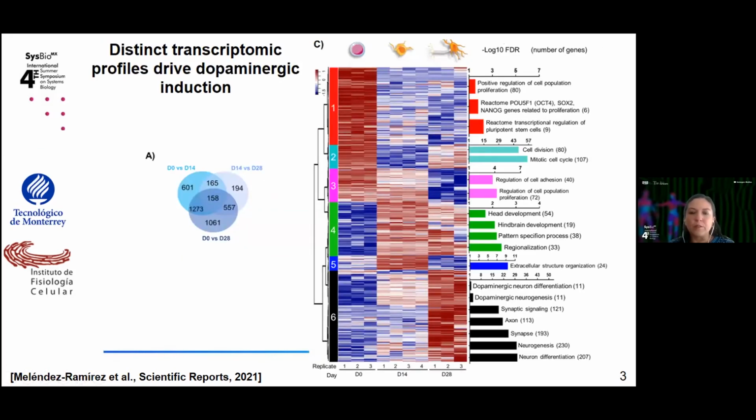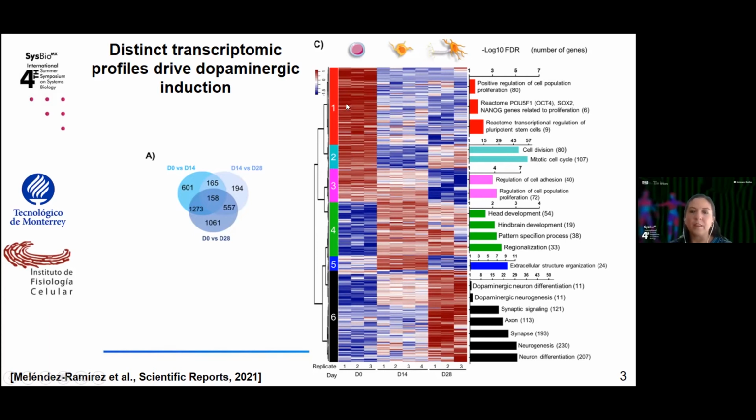We saw that in effect, if we group the differentiation of these cells by hierarchical clustering, we can group the gene expression, and there are groups of genes that have similar patterns. This means that there are mechanisms taking place in the differentiation process.